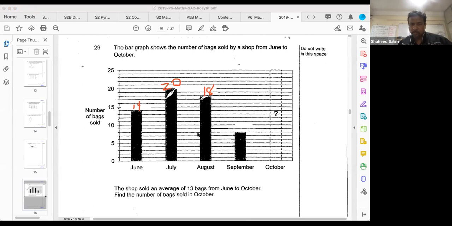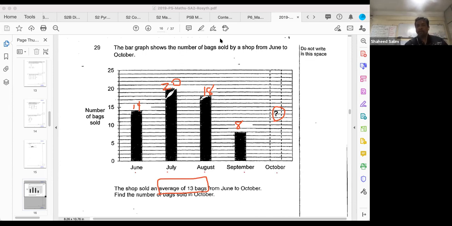This one is 8. What is this? They give you this average. The number of months is given now. 1, 2, 3, 4, 5.